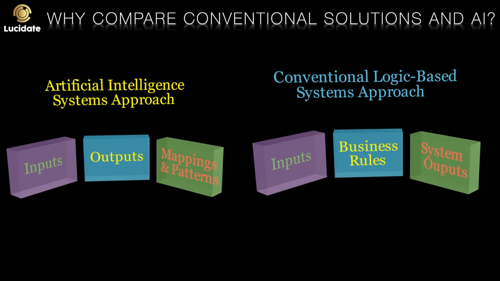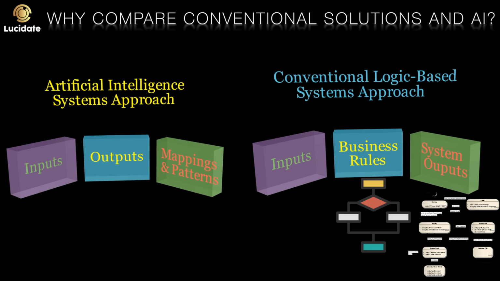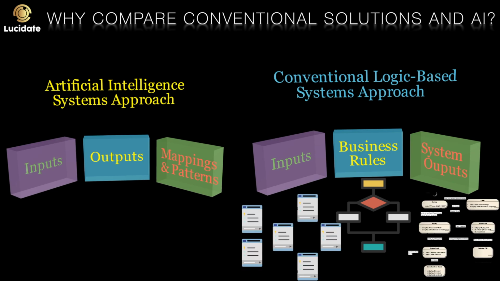Conventional systems can be described with familiar notation: flowcharts, state transition diagrams, database schema, all that stuff. These artifacts are not so useful or common when describing AI systems, neural networks in particular.